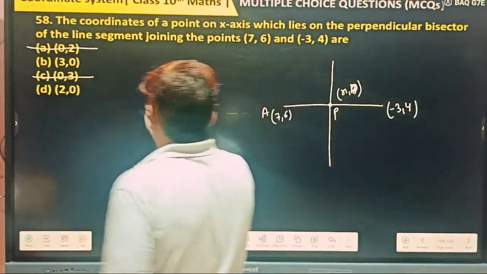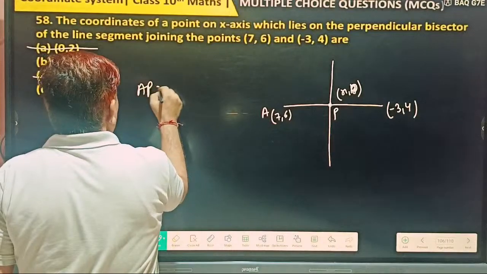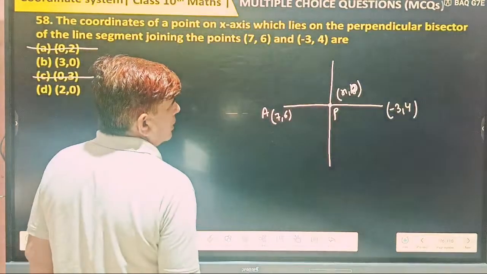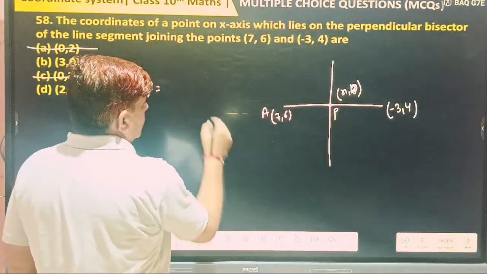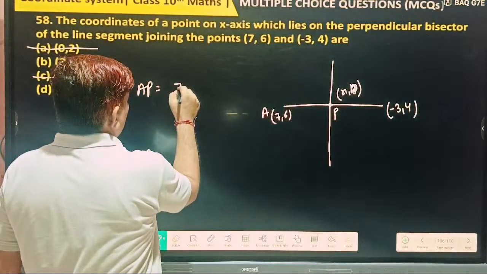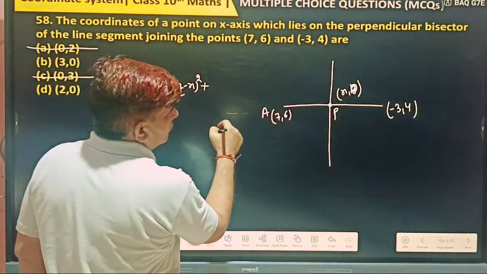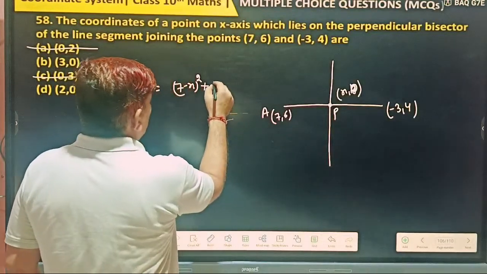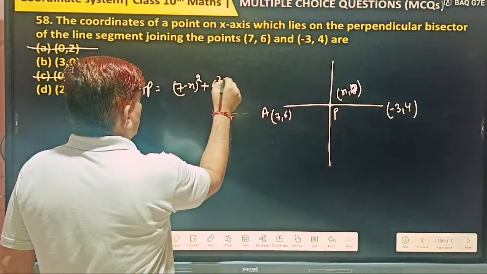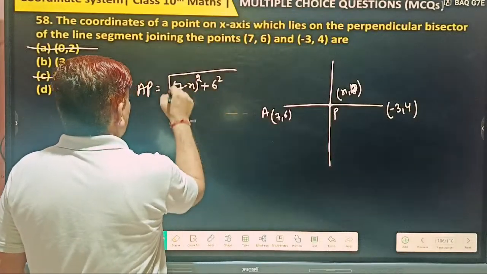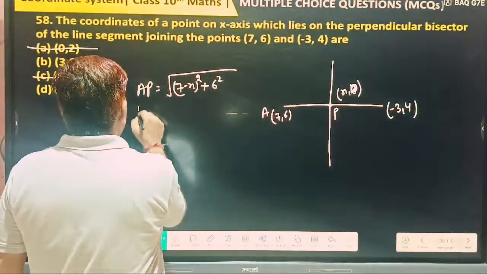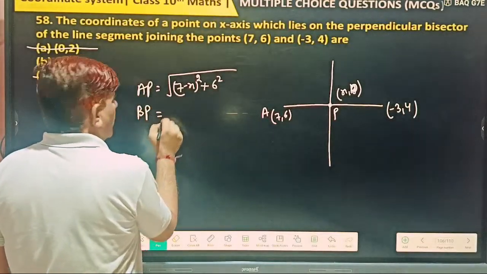So what's your AP? AP is the square root of (7 minus x) whole square plus (6 minus 0) square, that is 6 square. BP equal to what?